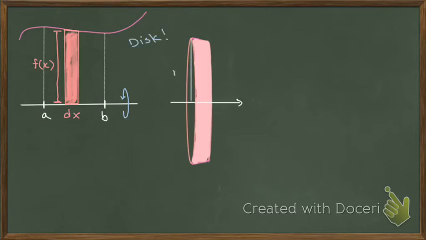I know its radius is exactly just the height of the function, f of x. I took the height of that function in the slice and rotated it around the x-axis. I've created a perfect disk, so the radius of that disk is the function. I've also got some thickness there, and that's just going to be our dx.